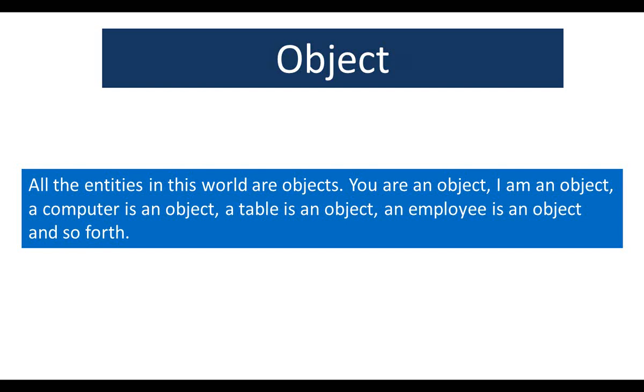All the things that we see in our daily life, they are objects. And later we will learn that all the objects, any object of this world will necessarily belong to a class. Class means category.